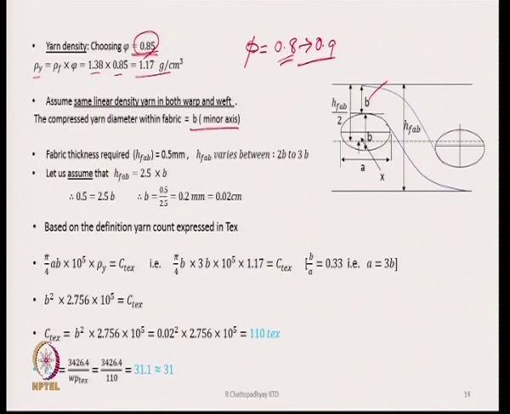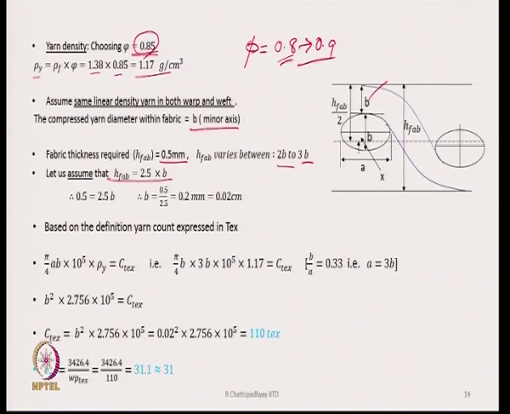So, that is going to decide the overall thickness of the fabric. So, fabric thickness given is 0.5 mm and H fab varies between 2B to 3B. We have chosen similarly in this case also 2.5B.